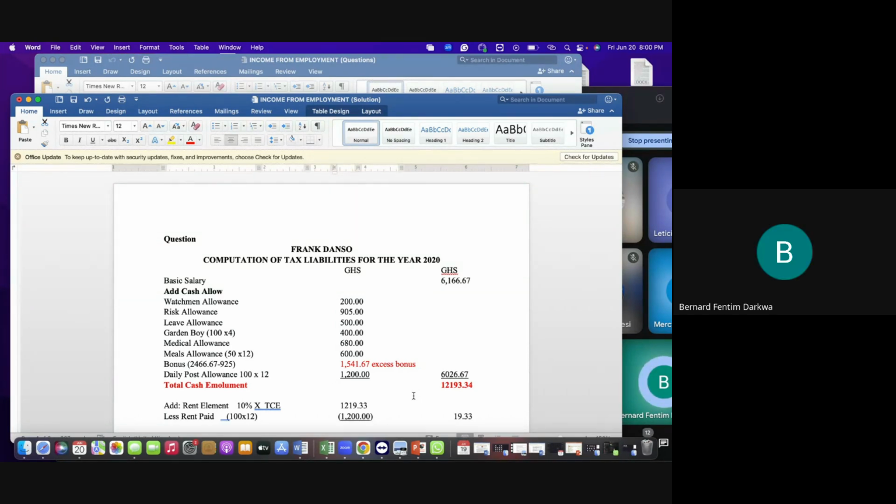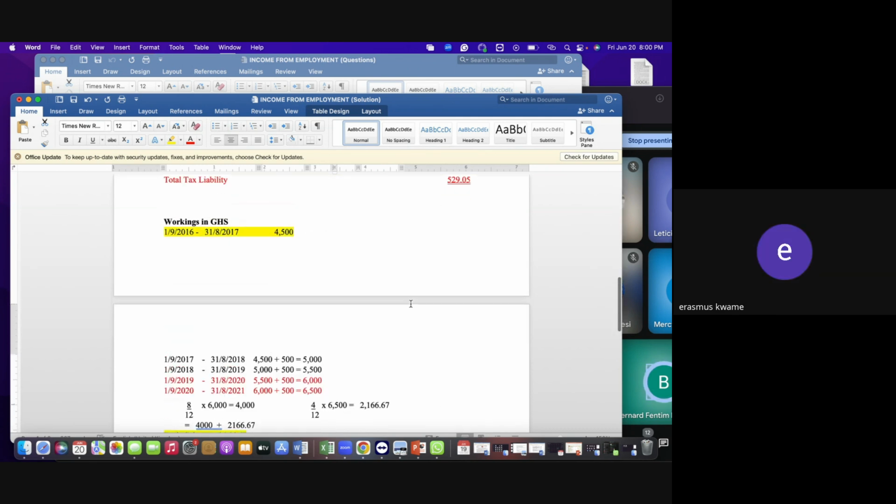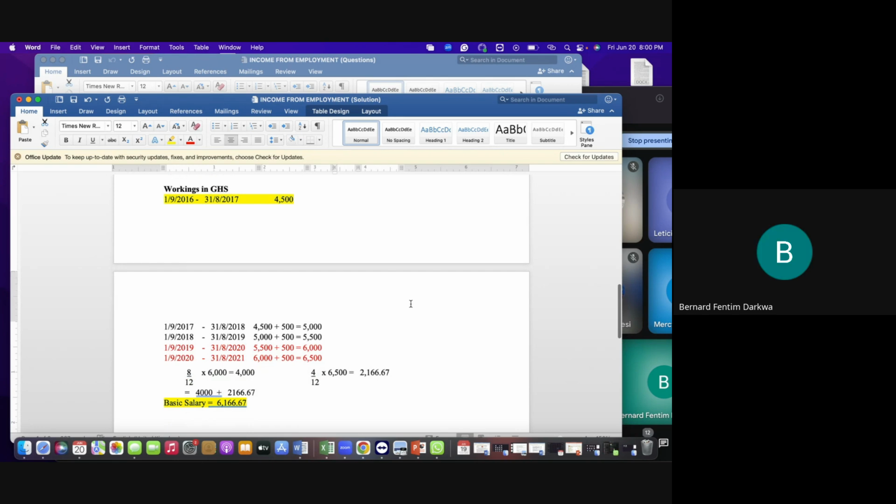Can you please show us the slides for how you calculated it? I want you to present the workings for the basic salary, because I want to ask a question from that angle. Okay, your solution to the basic salary. It's on the screen.